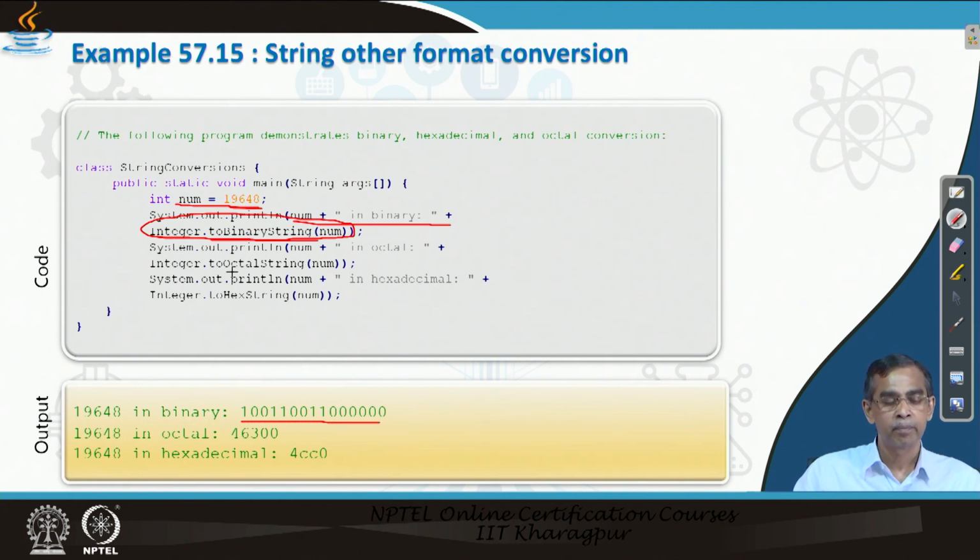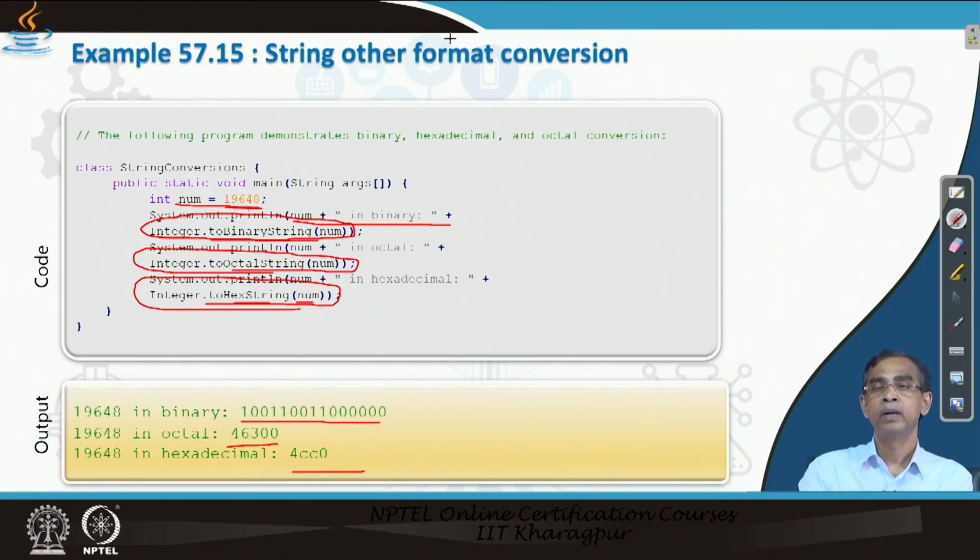But toOctalString, that also you can do. This converts into the octal form, and this is the octal representation of this number. And here also toHexString, this is the hex. So the value can be converted into hexadecimal form, and this is the hex form. So from one form to another we are able to convert using these methods.